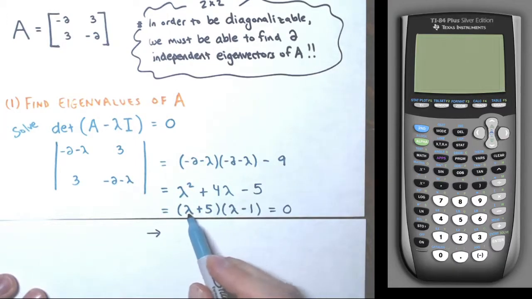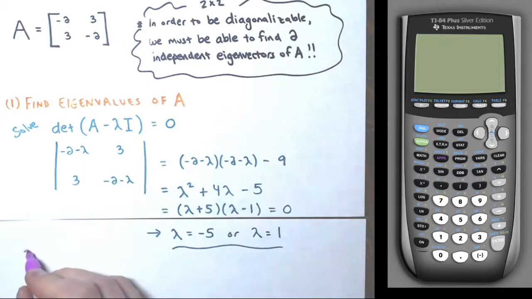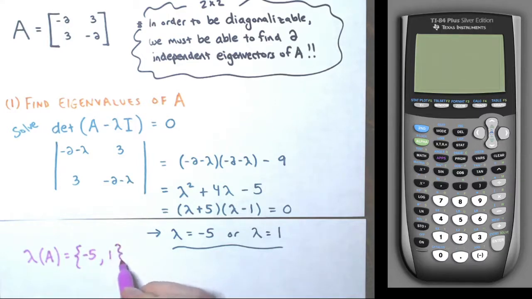So lambda plus 5 equals 0 when lambda is -5, and lambda minus 1 is 0 when lambda equals 1. So the spectrum of matrix A, the set of all the eigenvalues, is the set with the numbers -5 and positive 1.